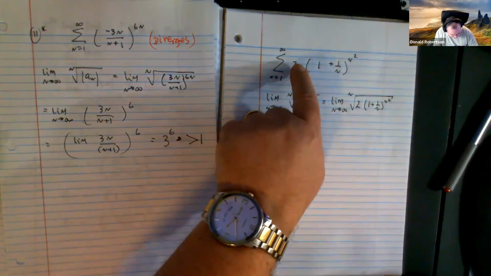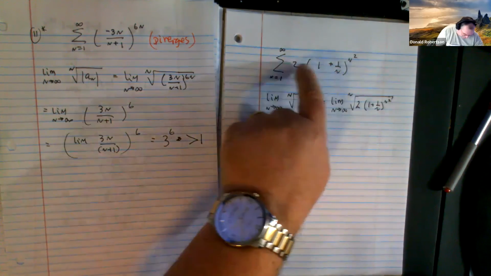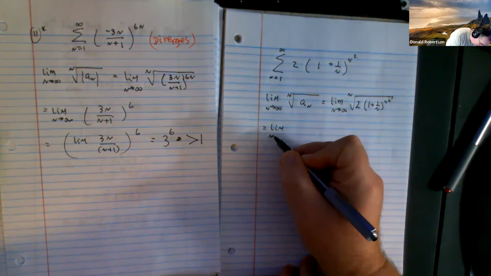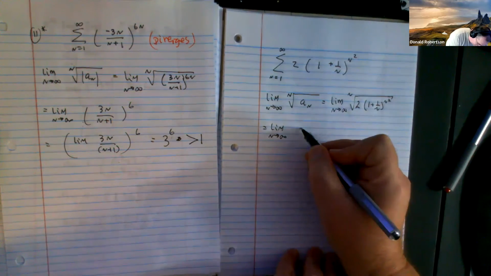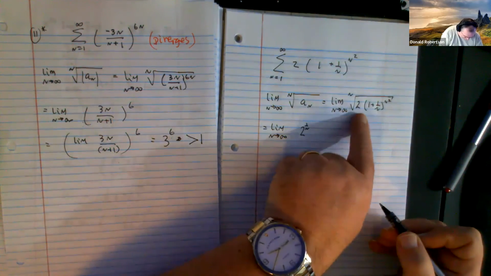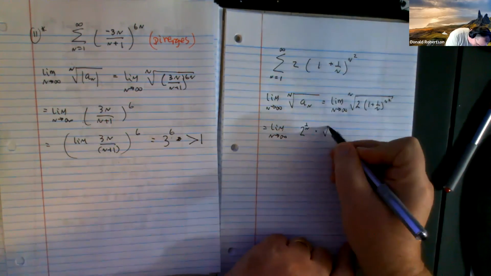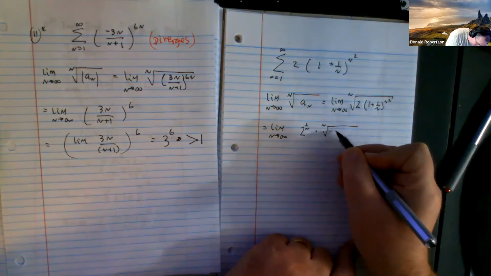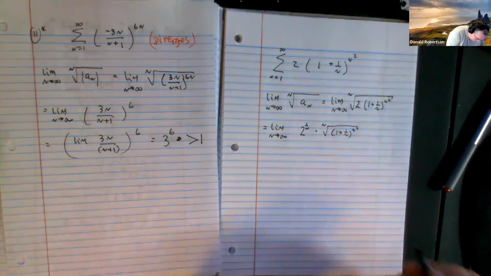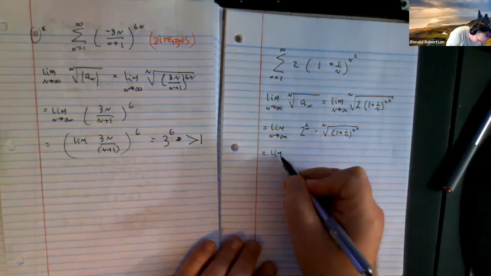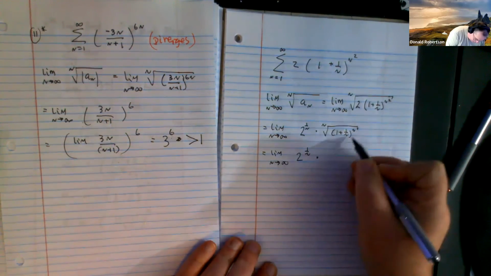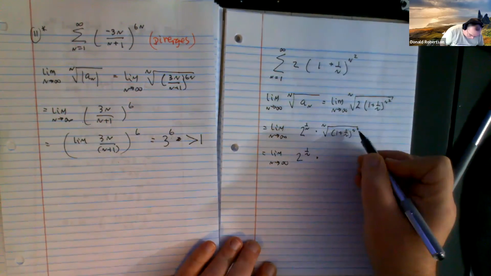If there is more than one term being multiplied together, as we have here, it's a good idea to split them. So that becomes 2 to the power of 1 over n, the nth root of 2. And this guy becomes that. And we now have 2 to the power of 1 over n times, well, that cancels one of those.